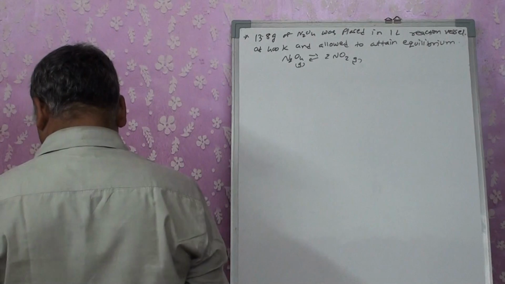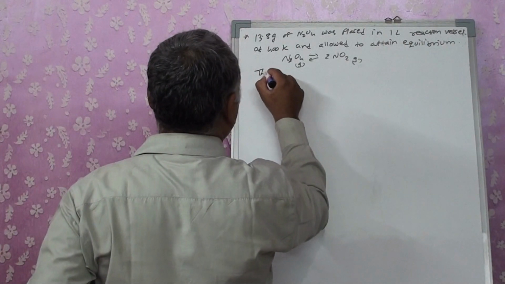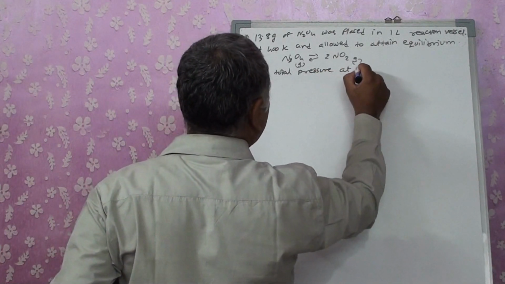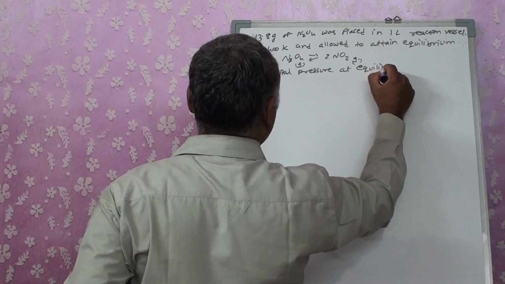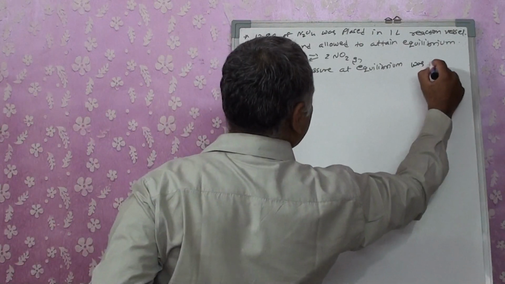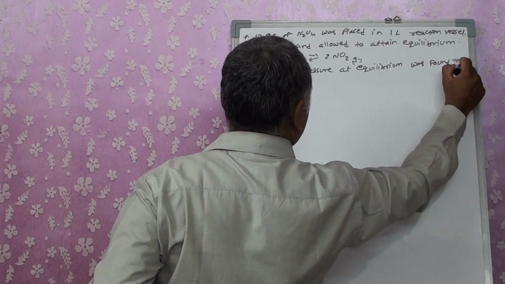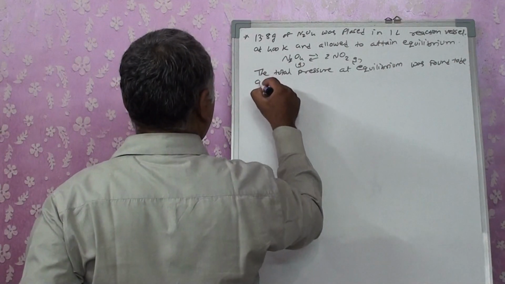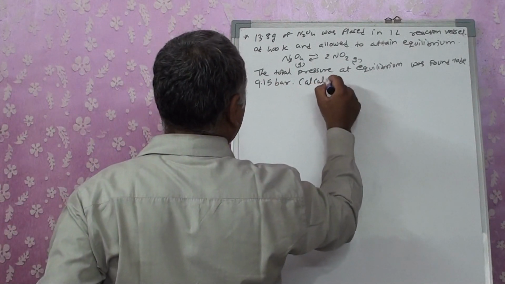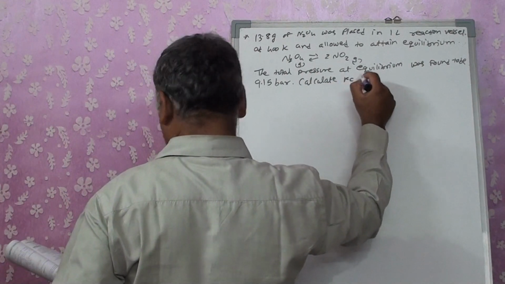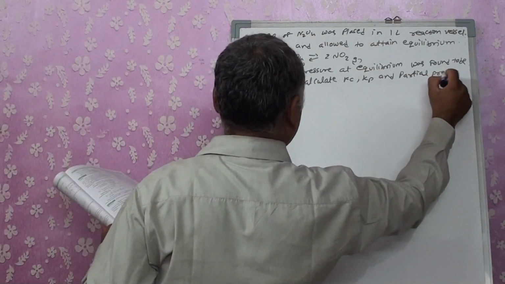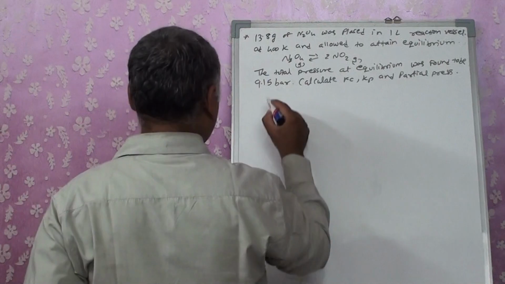The total pressure at equilibrium was found to be 9.15 bar. Calculate Kc, Kp and partial pressure at equilibrium.